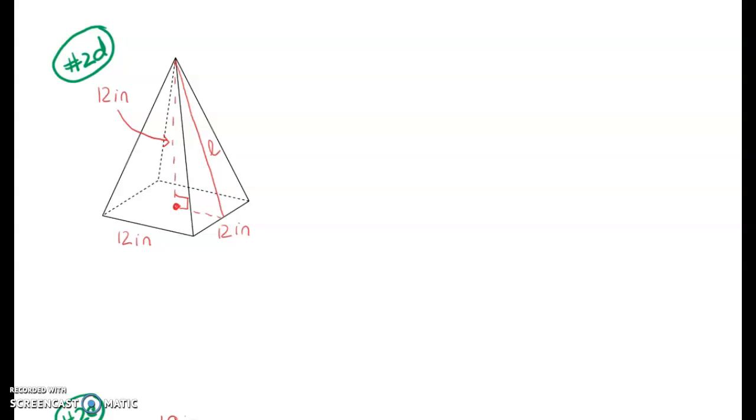This one's similar to problem number 2d. So again, we're going to be using the formula surface area equals base plus 1/2 perimeter of the base times the slant height. And again, we have a nice square base here. So we can find its perimeter really easy.